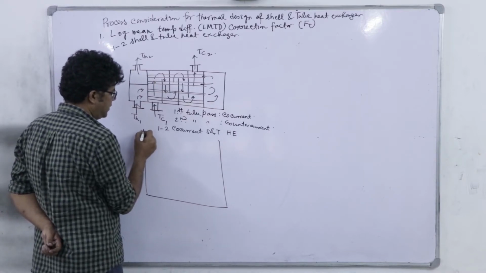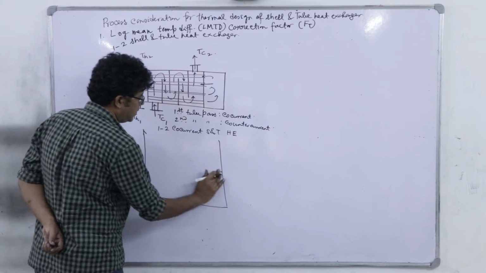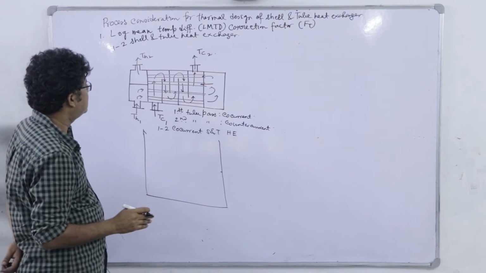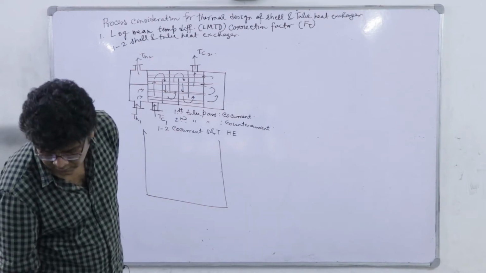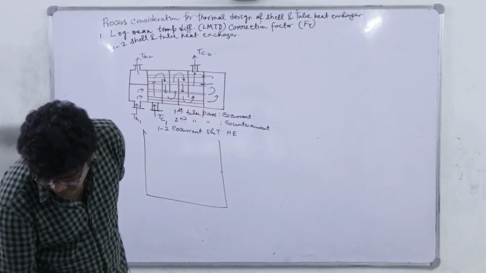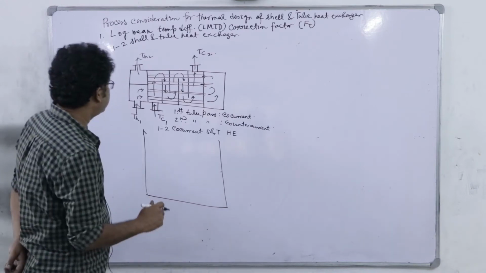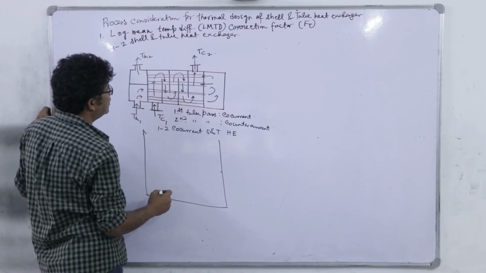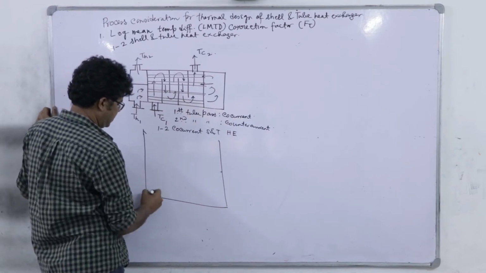So the tube side fluid, the shell side fluid, its temperature, tube side... The shell is cold fluid, so the cold fluid temperature will increase and the tube fluid temperature will decrease, right?